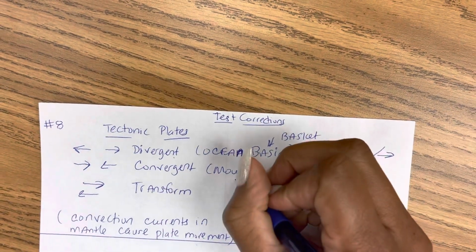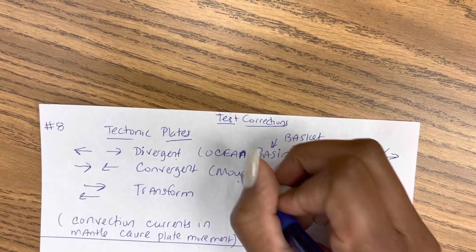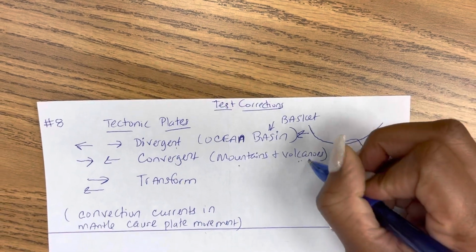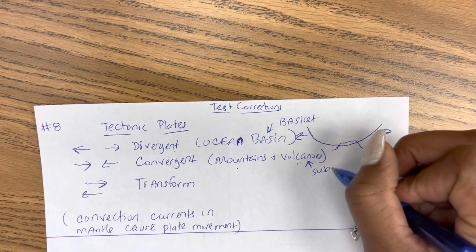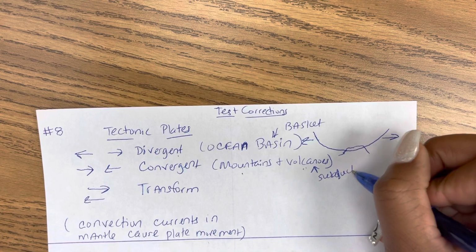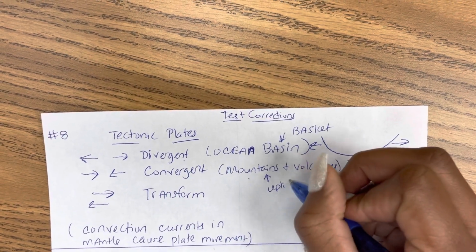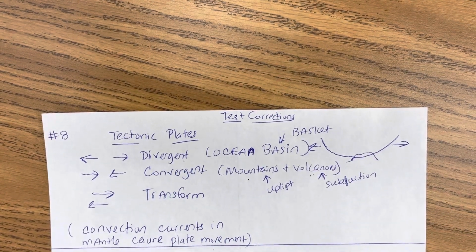So we have mountains forming as a result of convergent boundaries, and we also have volcanoes forming as a result of convergent boundaries. This is as a result of subduction, and this is as a result of uplift, because they're crashing into one another, okay?